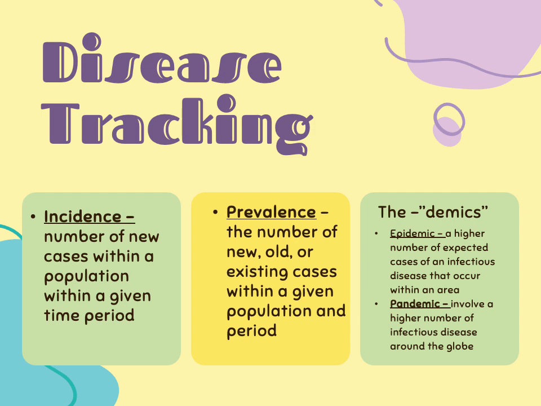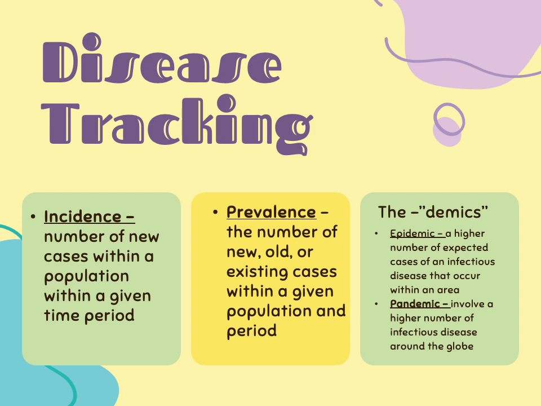So this is the number of new cases, whereas prevalence is the number of new, old, or existing cases. Prevalence is different from incidence in that you have everything counted within the whole of this particular statistic. So when we talk about prevalence, that counts new, old, and existing, whereas incidence only determines the new amount of cases.